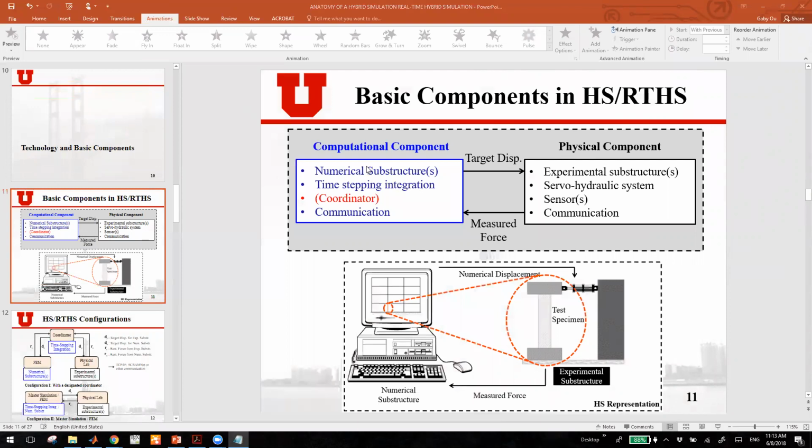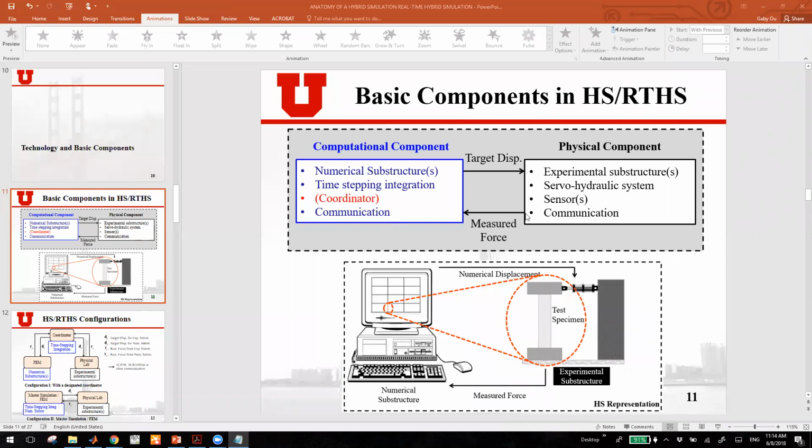And the computational component should contain a certain numerical substructure and a time-stepping integration method to solve the equation of motion. And sometimes it requires a coordinator, which is more common in hybrid simulation and not so much in real-time hybrid simulation. And it requires some communication protocol to talk to the physical component.